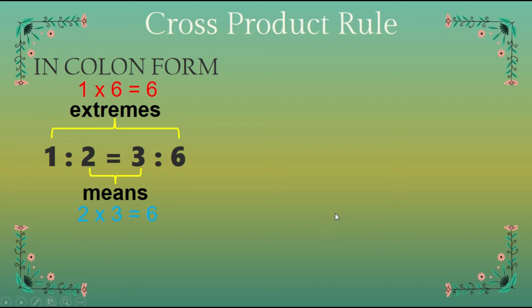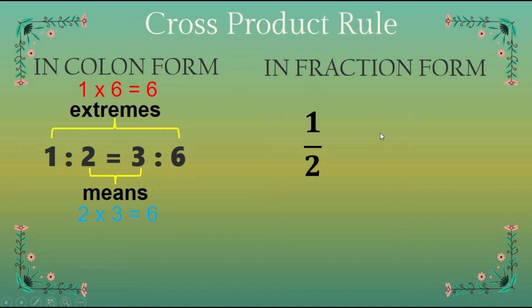They are proportion. When we are dealing with fraction form, we have 1 half equals 3/6. So they are just the same. Our extremes are the numerator of the first fraction and the denominator of the second fraction.